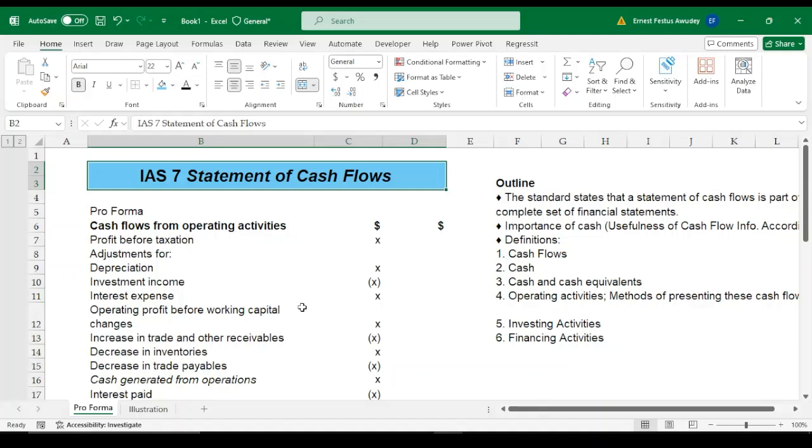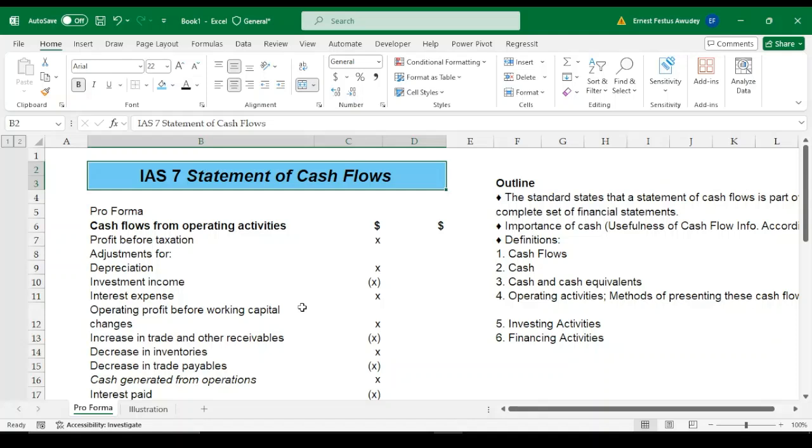All right, so in this particular video we are coming to look at how to prepare the statement of cash flows in accordance with IAS 7 statement of cash flows. As you may have already realized, on my channel we have covered the single entity financial statements preparation under IAS 1 presentation of financial statements, and we have also covered consolidated financial statements.